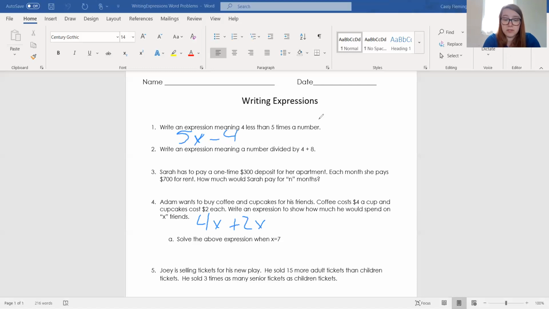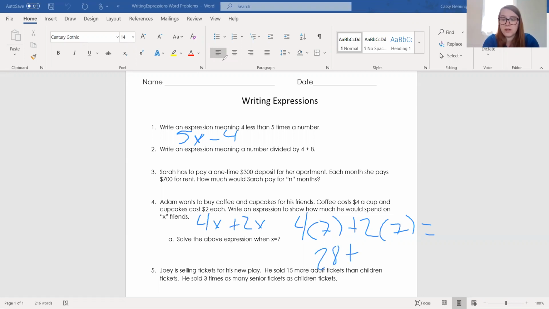So all we have to do is fill in our expression x equals 7. So we have 4 times 7, and then 2 times, oops, I'm just going to erase that because I messed up. 2 times 7. We know that 4 times 7, 7, 14, 21, 28.